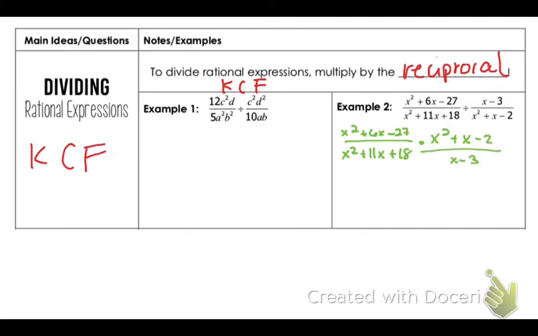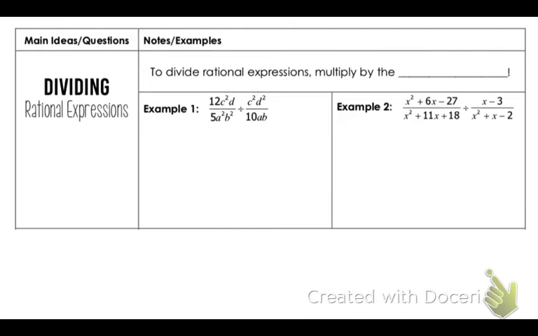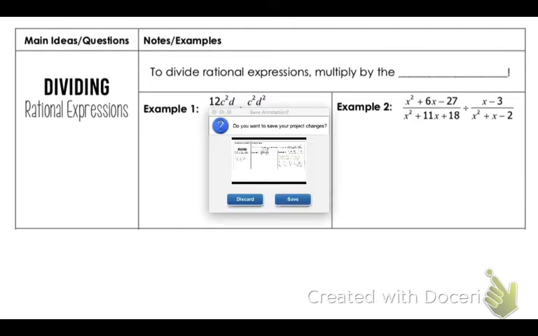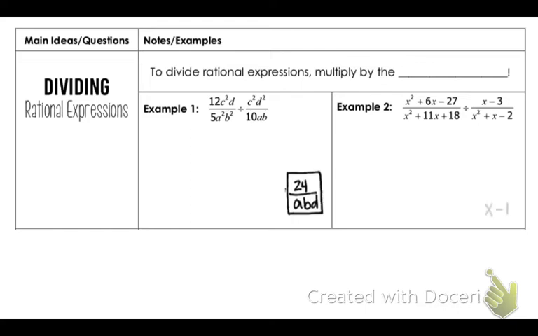Notice I did keep, change, and then flip. You multiply it by the reciprocal. Now you're going to go ahead and factor this. And then cancel the stuff out that needs to be canceled. Okay, I'm not going to do that for you. And I did give you the answer.